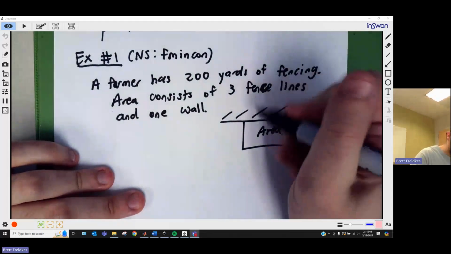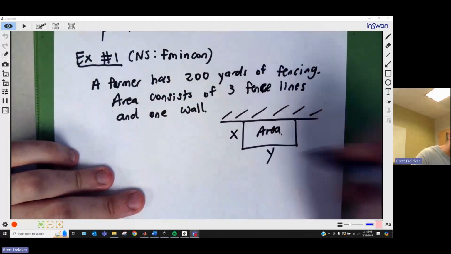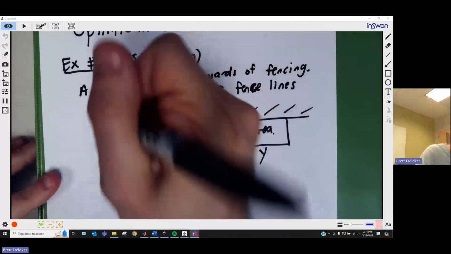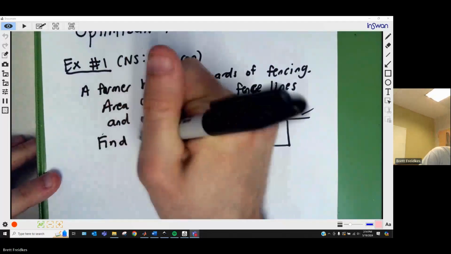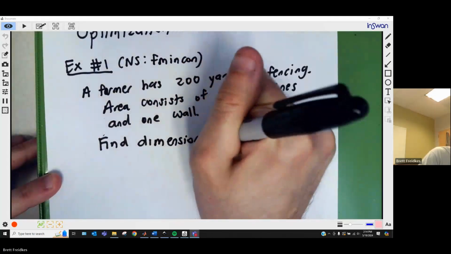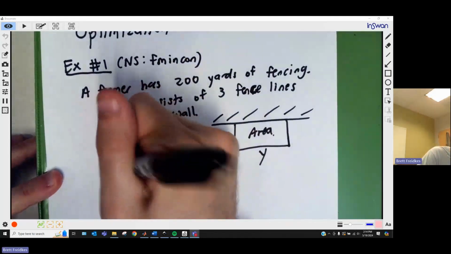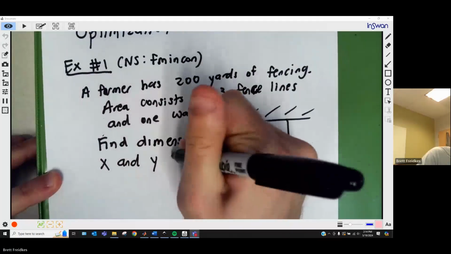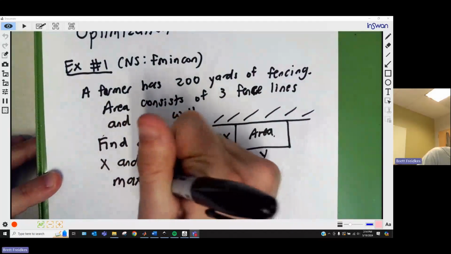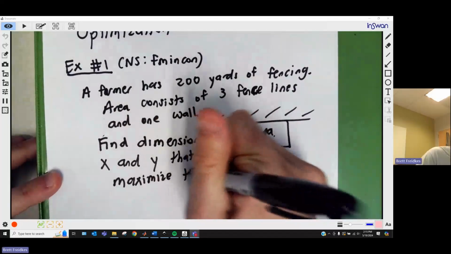Perhaps I call this X and I call this Y, and the goal is to find the dimensions X and Y that maximize the area.